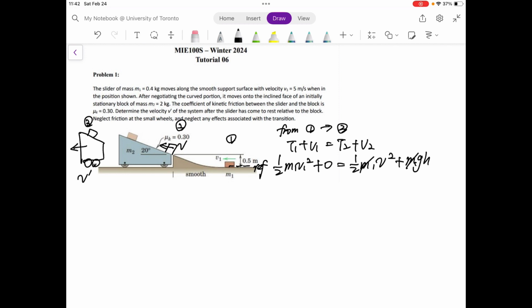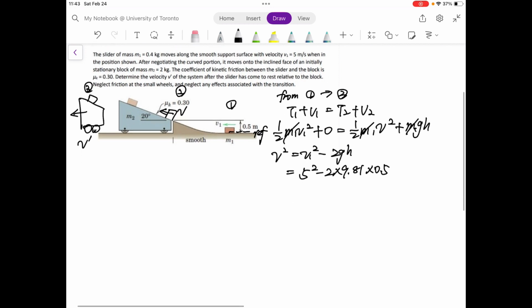So we can cross out the m1 right here. So v squared is equal to v1 squared minus 2gh, equal to 5 squared minus 2 times 9.81 times 0.5, so v is equal to 0.9 meter per second.